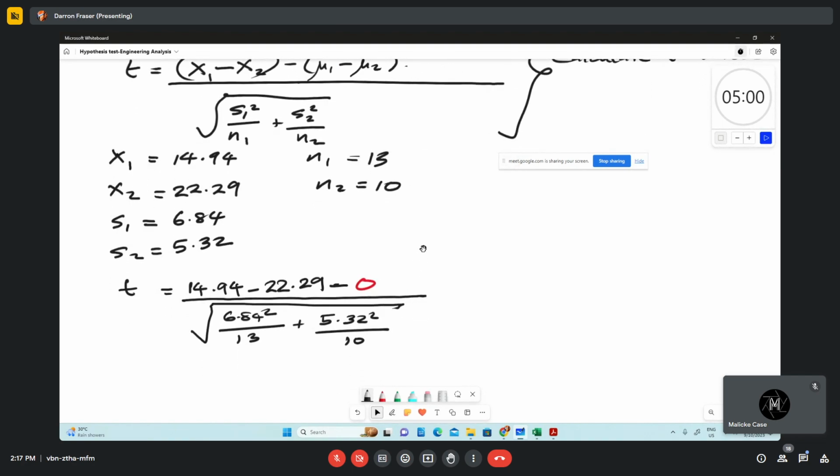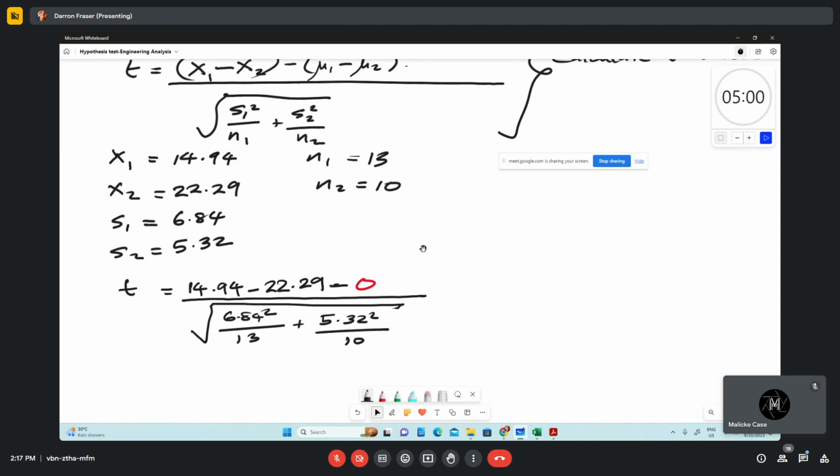And like I said, it doesn't matter which one we put first and which one we put second, because whether positive or negative is going to be the same in the calculation. If you had put the 22.29 first and the 14.94 second, you'd get a positive result, and that would have meant something else. It would still be the same. When we do the calculation, I'll show you what I'm talking about.